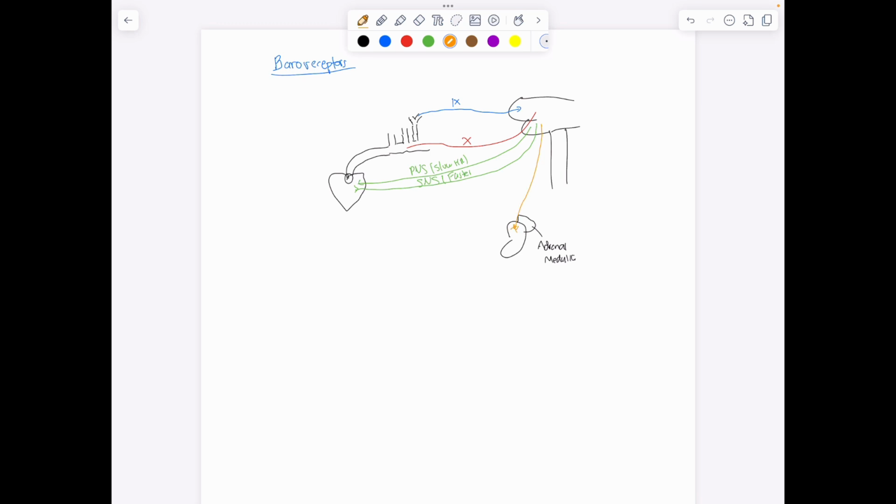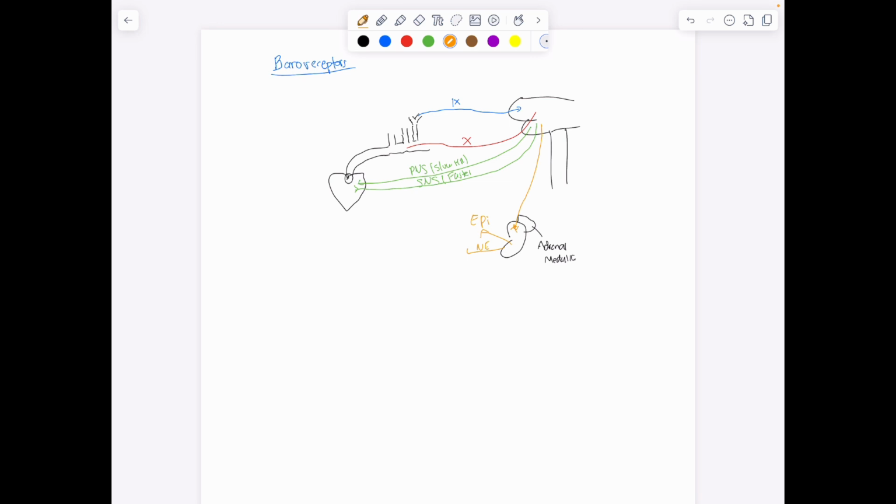And then from there, it can release epinephrine and norepinephrine into our blood, which is going to decrease our venous return, which is going to decrease our cardiac output, which will decrease our heart rate.